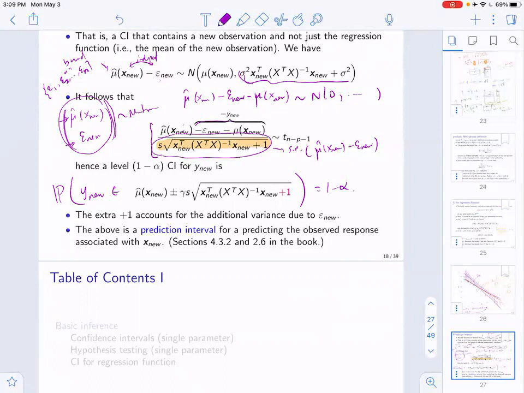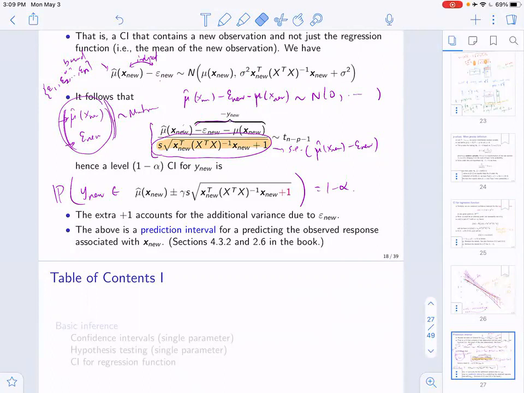If you take the square root of this and replace it with s, that would be just an estimate of the standard deviation of this. That's exactly what it is. Right? Okay, thank you. It doesn't matter what you call it. You just have to understand why you're doing these things.